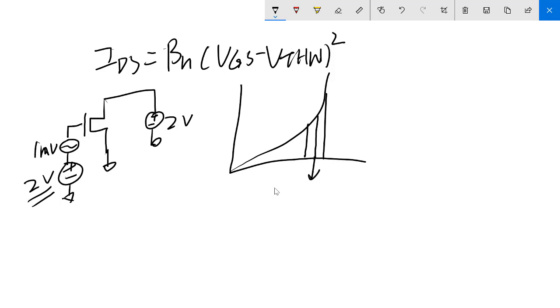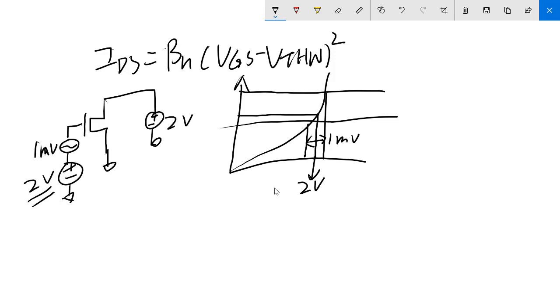For example, this is the DC voltage of 2 volts, and this range is a 1 millivolt range. Finally, this AC voltage will change the current output because it follows this IV curve. And this is IDS, which is a DC current, and now that will be the oscillation of ID, the AC ID signal.